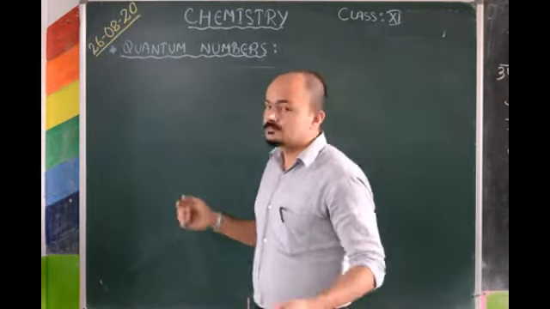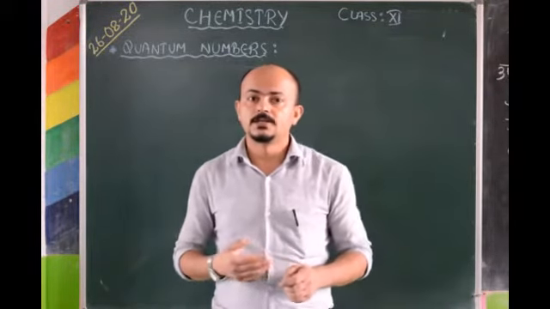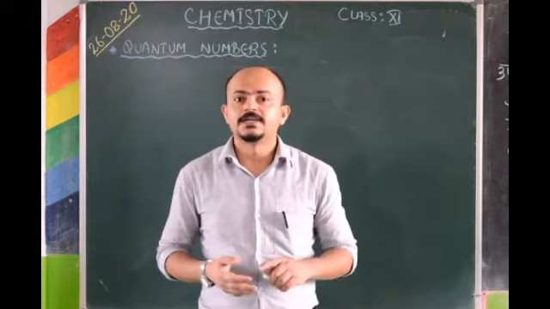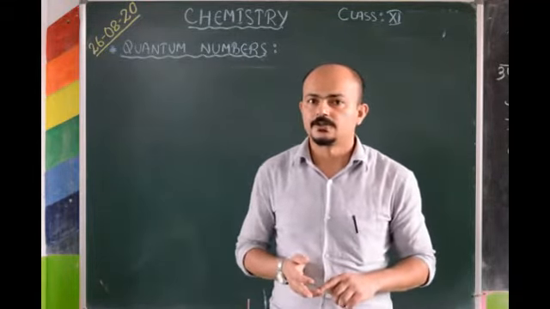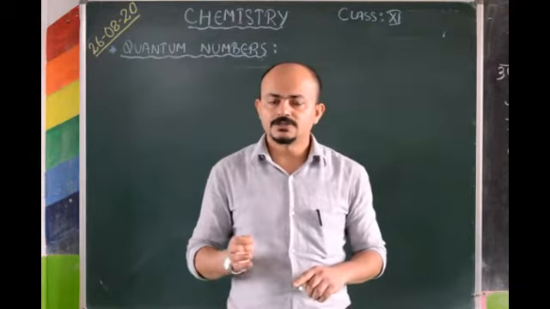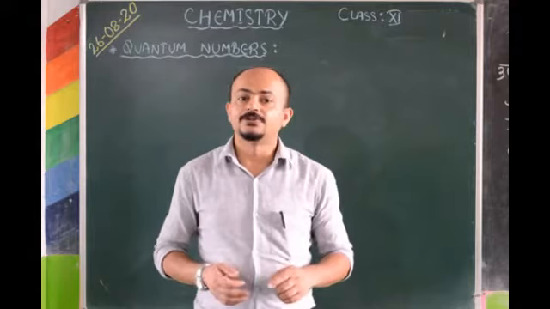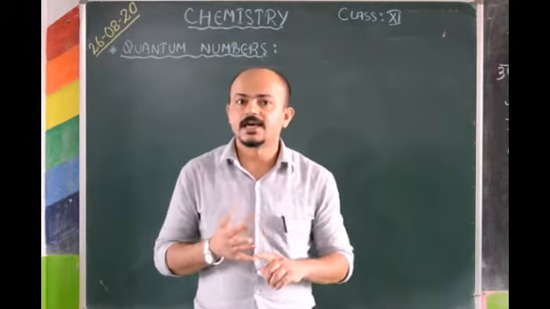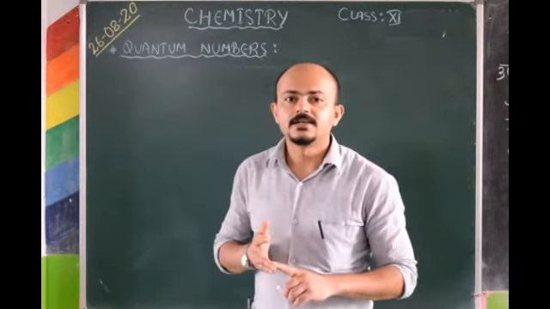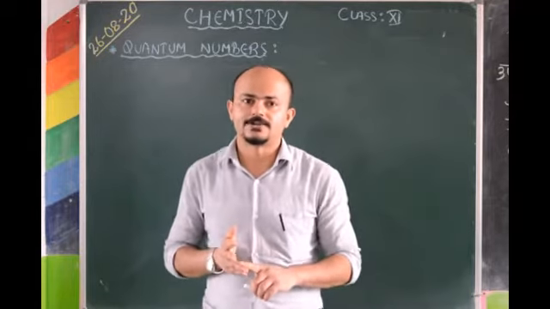So, quantum numbers are index numbers which are used to specify the position and energy of an electron. Let me repeat it once again. Quantum number is defined as the index number which is used to specify the position and the energy of the electron.